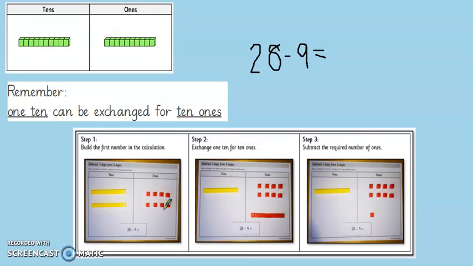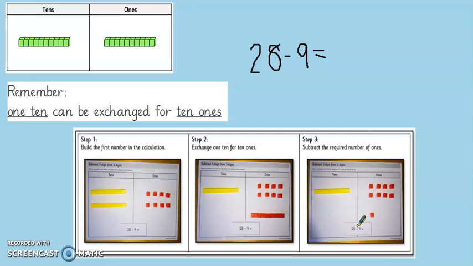So if I don't have enough 1s to complete my subtraction calculation straight away, what I will do is I will take one of my 10s and I will exchange it for 10 1s. So I put it in the 1s column and I need to change it into 10 1s.